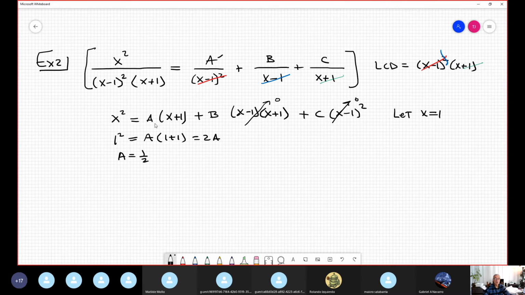I copy here, 1 half. This is one fantastic frame value.